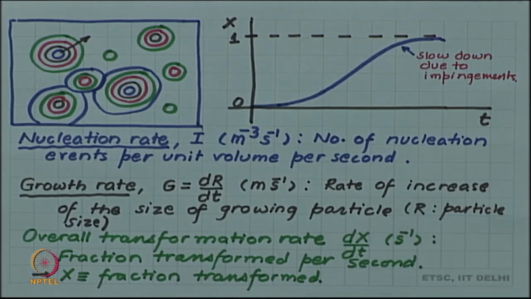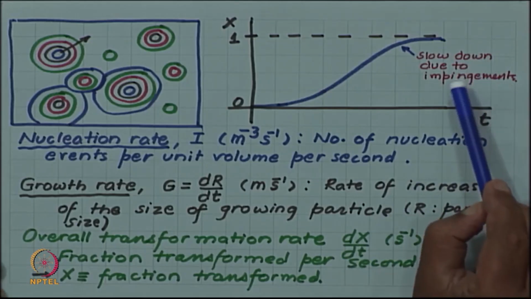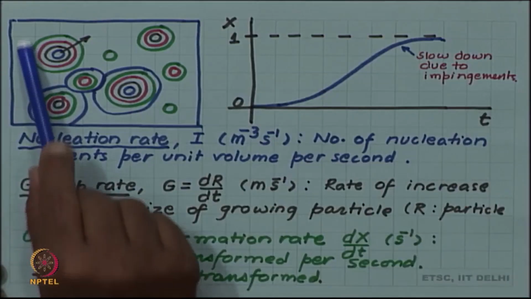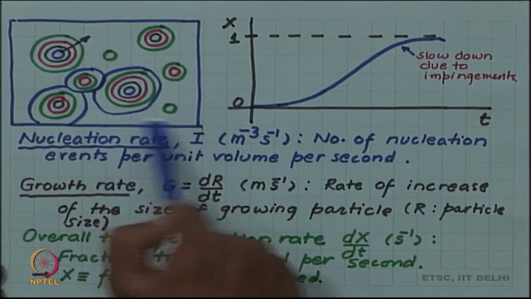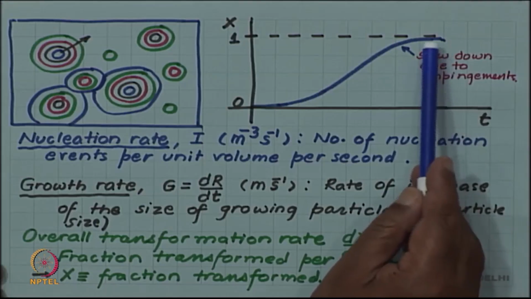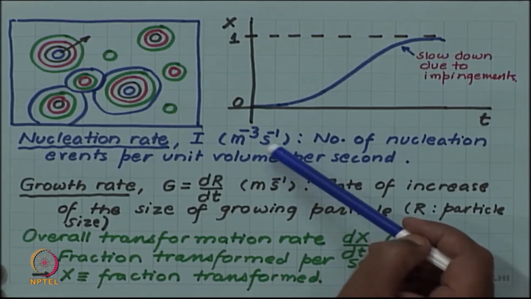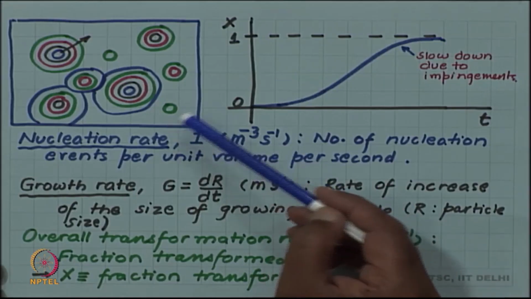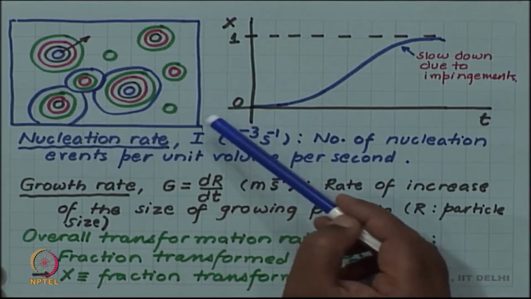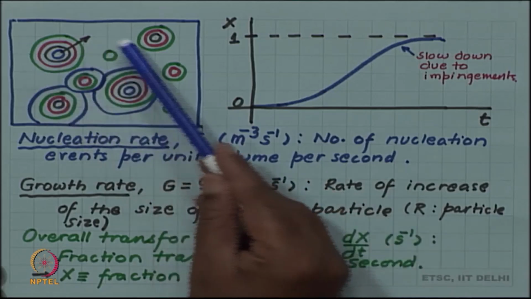Due to impingement, this slowing down is there, and also the remaining volume in which transformation can happen will be reducing. So, even if the nucleation rate is same, for the same nucleation rate, the number of nuclei which will appear will be less because the volume is less.